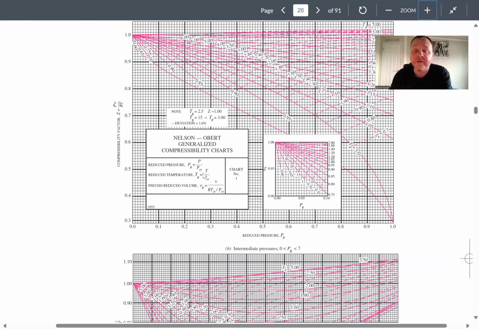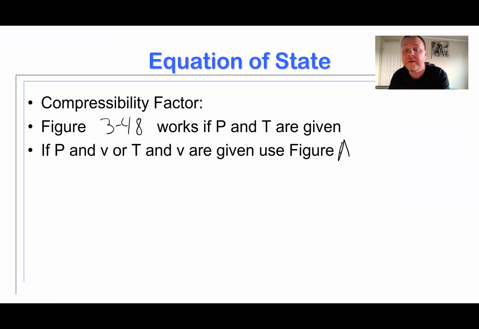Okay. Now, again, if I'm given pressure and volume or temperature and volume, I've got these lines of reduced volume on here, and so we can use that to find the answer. So we use figure A15 if I'm given pressure and volume or temperature and volume.